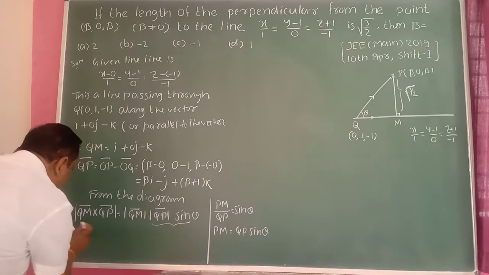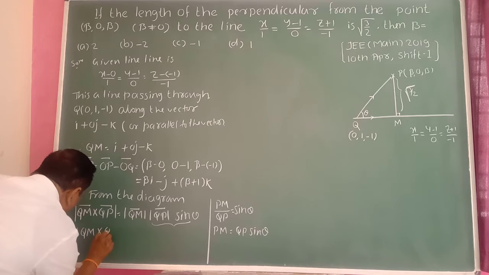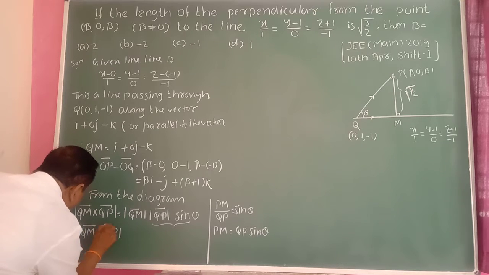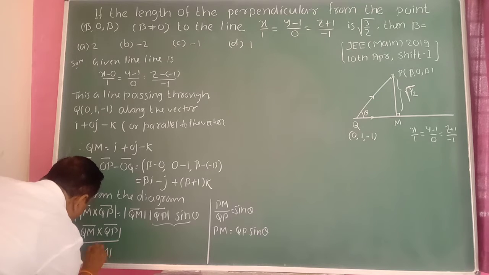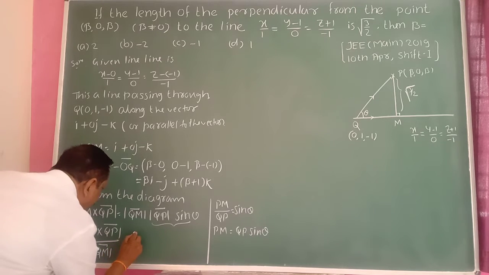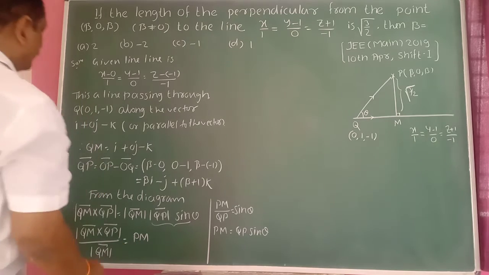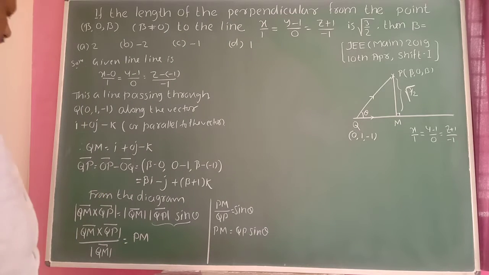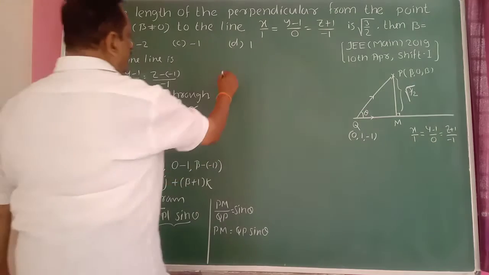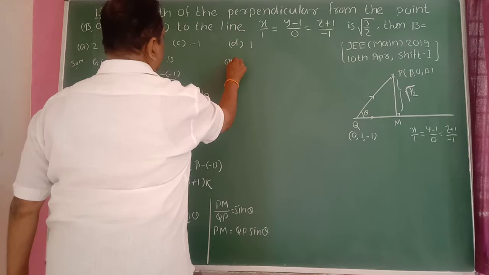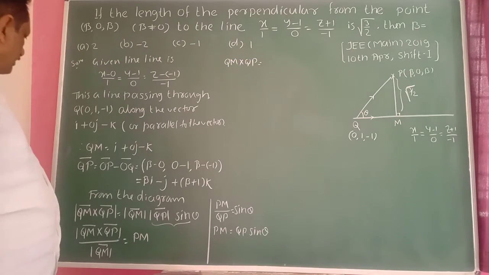Take the QM this side. The modulus of QM cross QP divided by the modulus of QM is equal to PM. Therefore, first find QM cross QP.